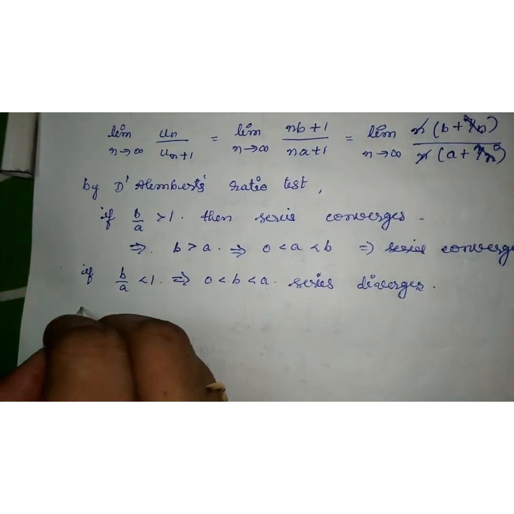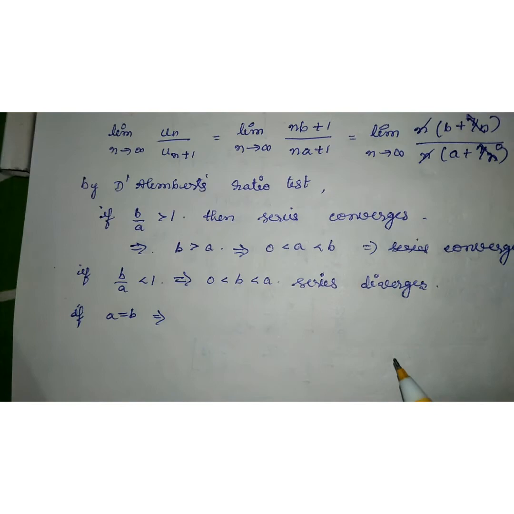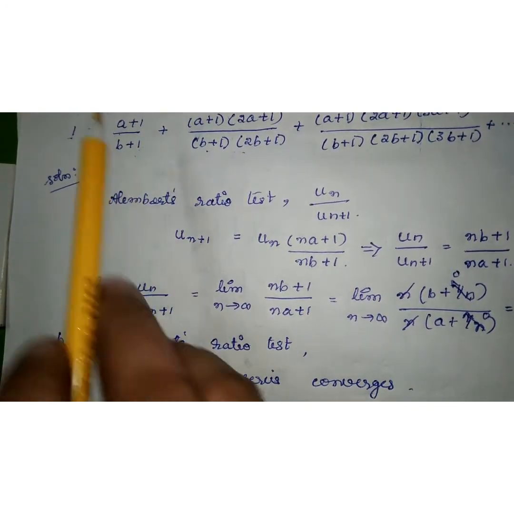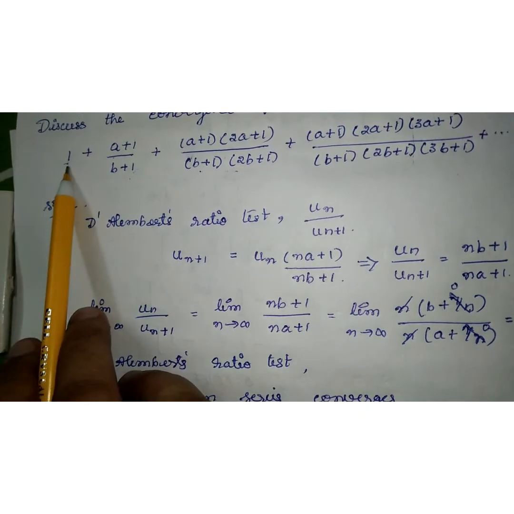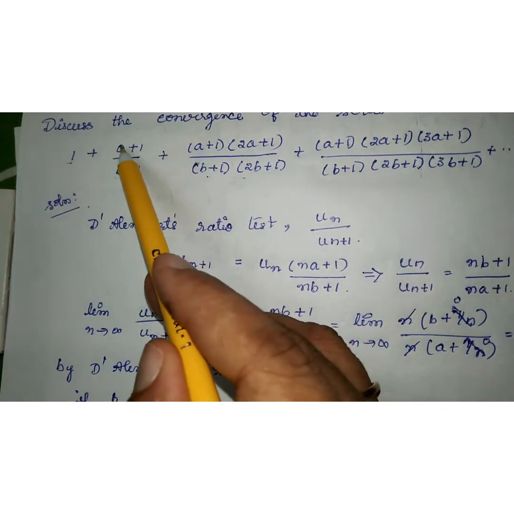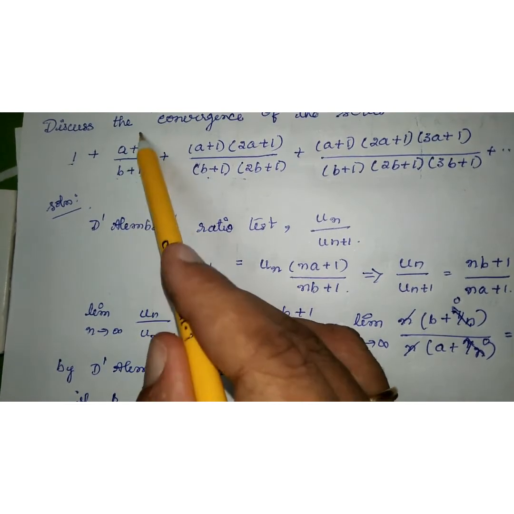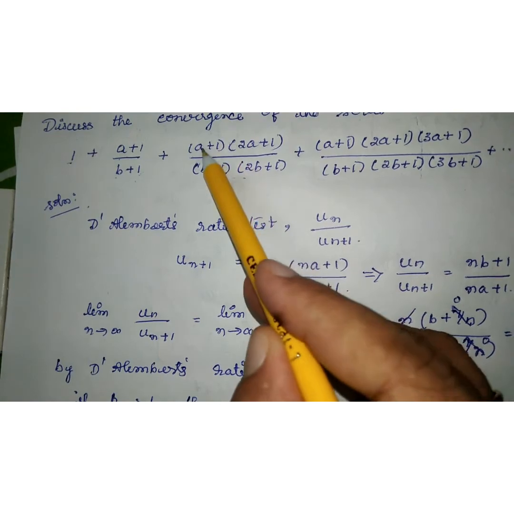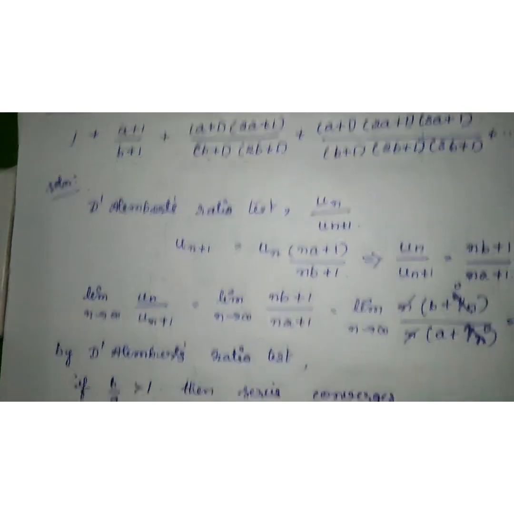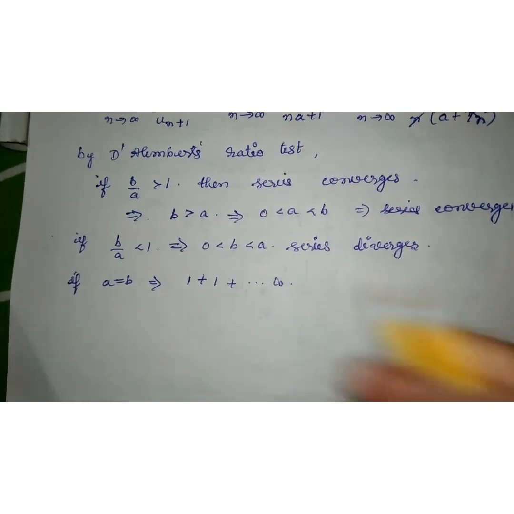So what if a is equal to b? Suppose a is equal to b, then every term becomes 1. The first term is 1, and the second term is (a plus 1)/(a plus 1), which cancels, giving 1. Each term becomes 1, so you get 1 plus 1 plus and so on to infinity.